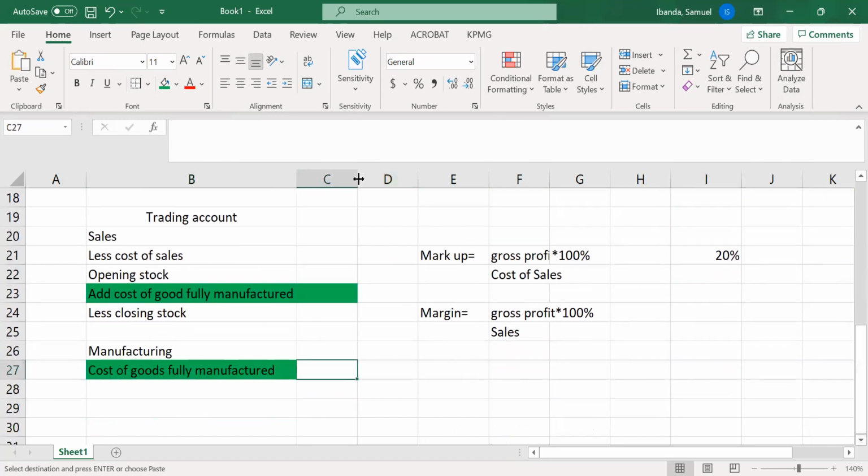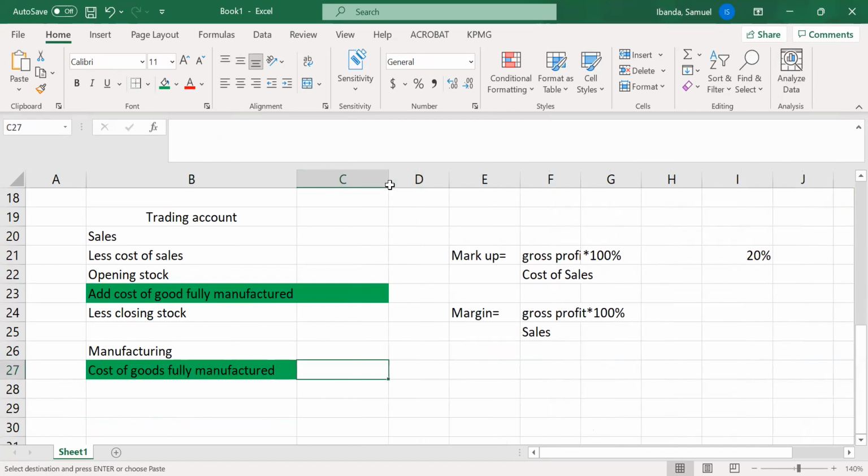Because for example, let's say you have cost of goods fully manufactured of 12,000. That is what you have gotten. And you've gotten this by doing your direct costs, which are your prime costs. You add, of course, you look at your overheads, the factory overheads and so on. You've looked at the change in work in progress, added all that together to come to your goods fully manufactured, and you're coming to such a figure.